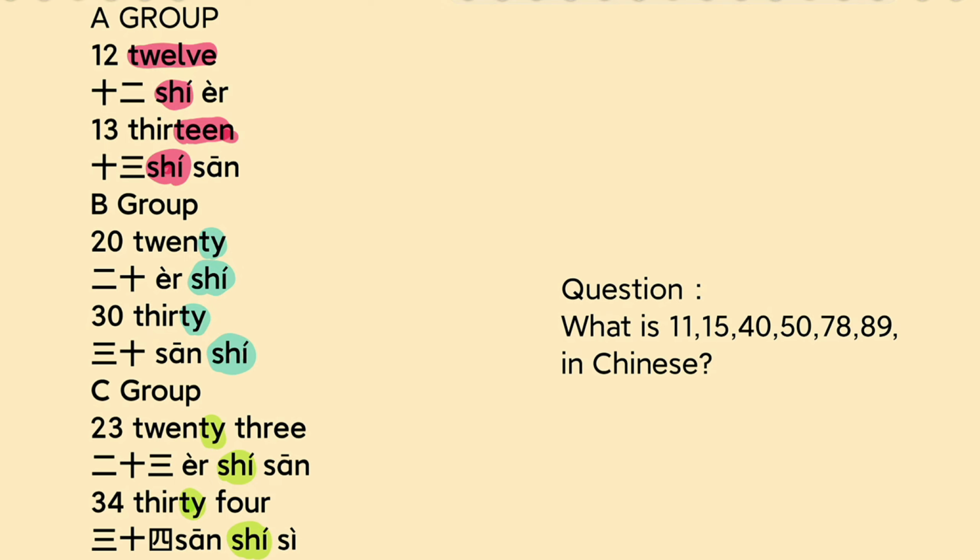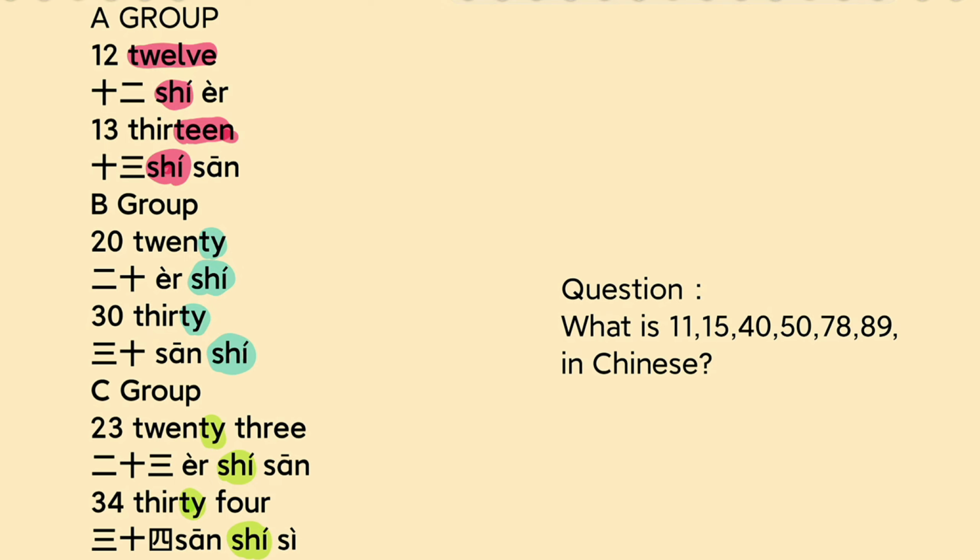So in Chinese, for the numbers between 11 and 99, we use the 10 in different places to represent different numbers. The A group is for the numbers between 11 and 19. If you want to express 12, it is 十二.